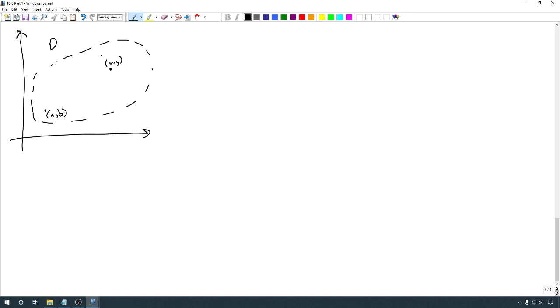Now we're actually going to take advantage of the openness of our domain. The fact that D is open means that for any point that's in D, there is a disk around that point that is contained completely inside D. Specifically, what that means is that we're allowed to take derivatives by taking limits because we have enough free space around our point.